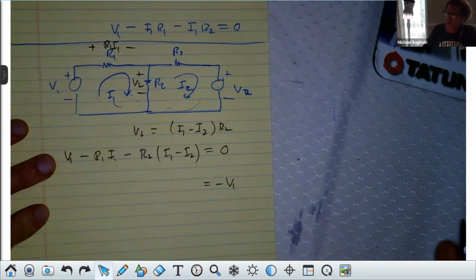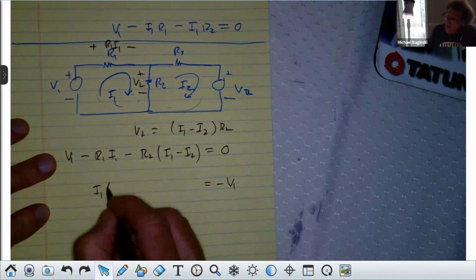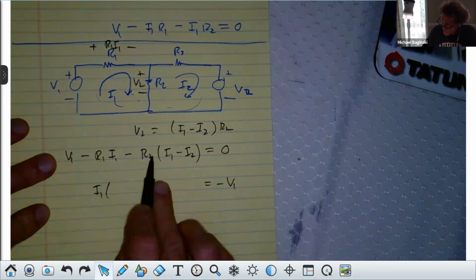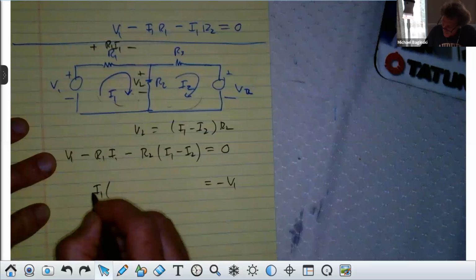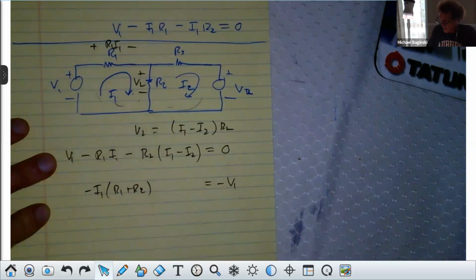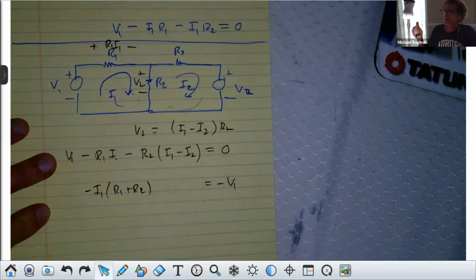Now I take the I1 coefficient, or I1 unknown, I put it here, and I find out what values I have. Well, I have R1 and R2, but there's a minus sign. I'll put the minus sign out in front. I have R1 plus R2, correct? This is just reorganizing the first equation. Do y'all see it, class? Anything that can help.